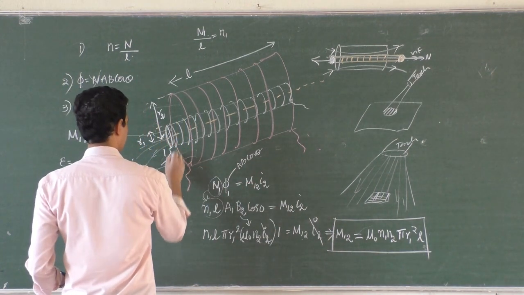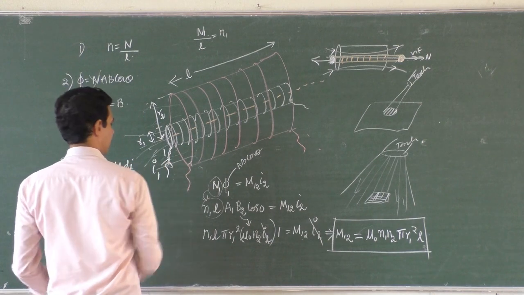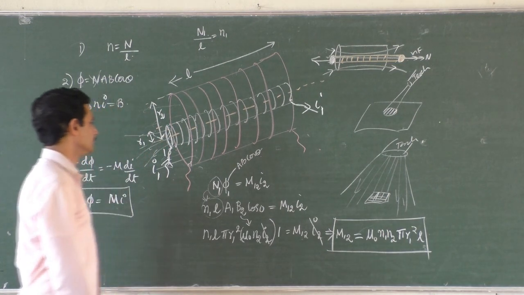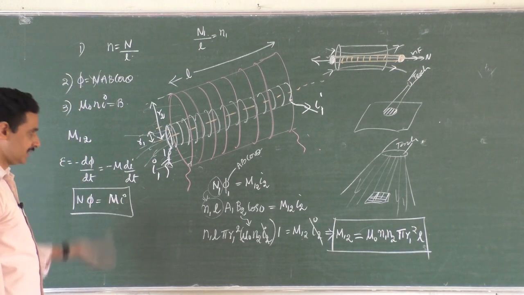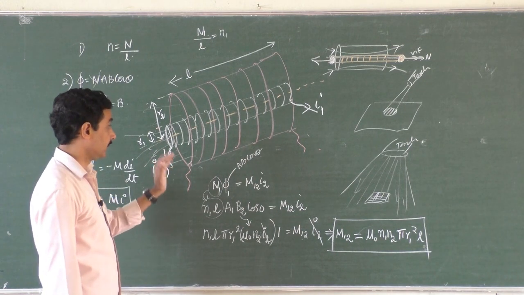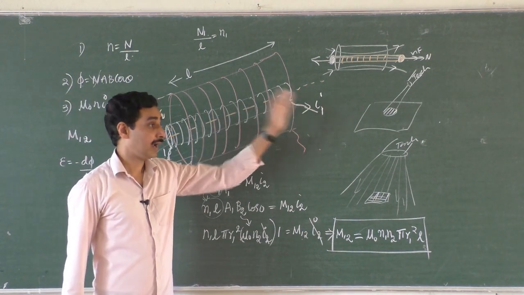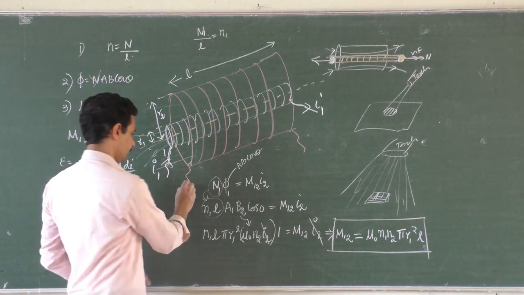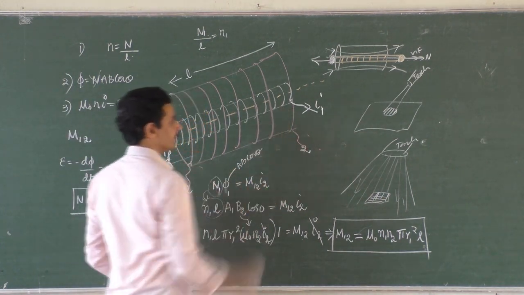Let us pass current through the first coil itself, the inside coil, I1, and let it come out as I1. So current is passed through the inside coil, and it comes out through the other end, and it produces a magnetic field, and that flux is linked to the second coil, right?